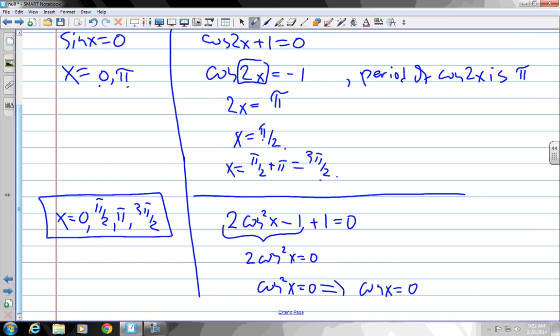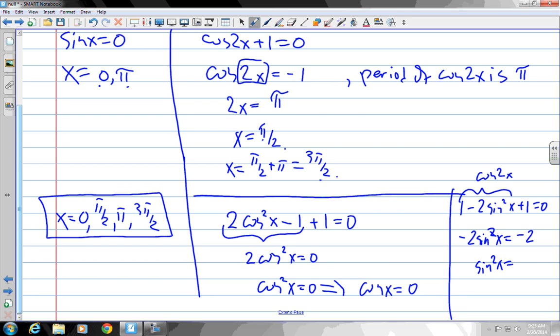So yeah, I could have used that. If I convert it to sine, for whatever reason, and write it as 1 minus 2 sine squared x plus 1 equals 0, using the other form of the double angle formula for cosine, then 1 plus 1 equals 2. If I move the 2 to the other side, it becomes negative 2. Dividing by negative 2, you get sine squared x equals 1.